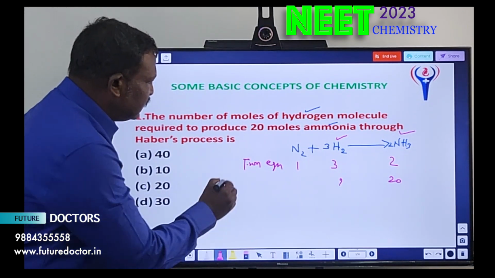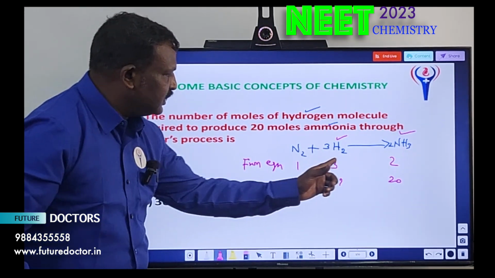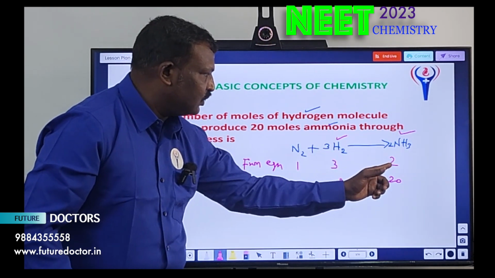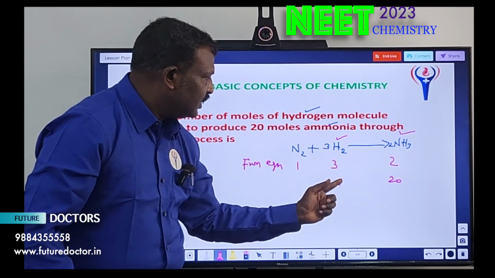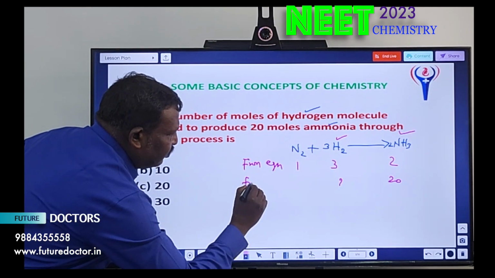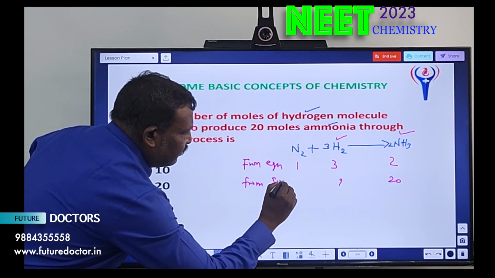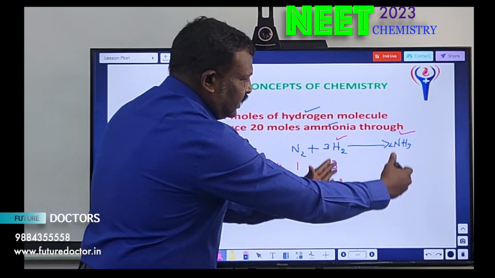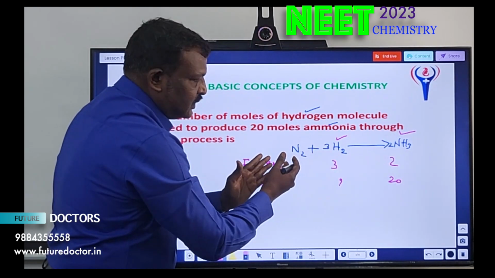So from the equation we are getting this information: 1 mole of N2, 3 moles of H2 and 2 moles of ammonia. Now we just compare these 2 only. Don't worry about this nitrogen.